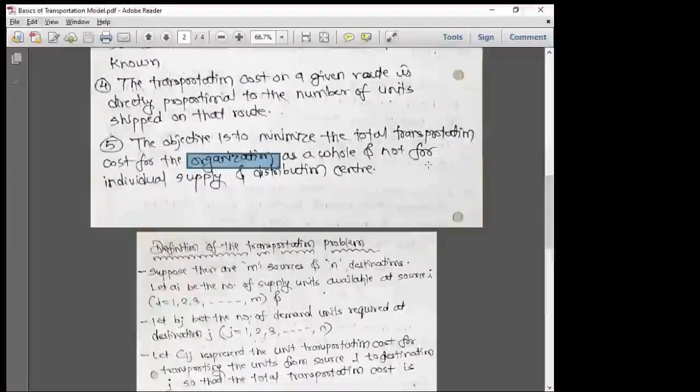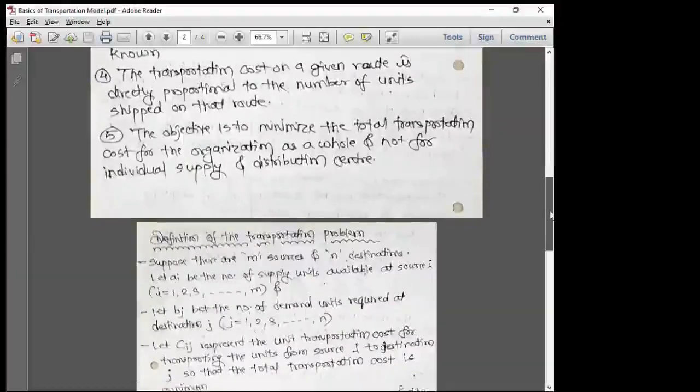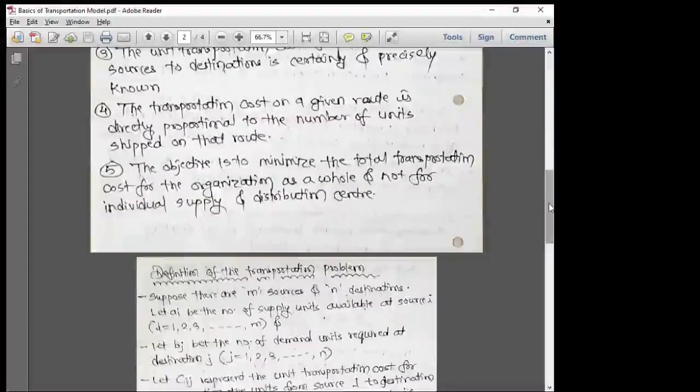We are not going to deal with an individual destination or an individual distribution center. The prime focus is the minimization of the total transportation cost for the organization, and we are not going to keep the individual supply centers or individual destinations in focus, right?